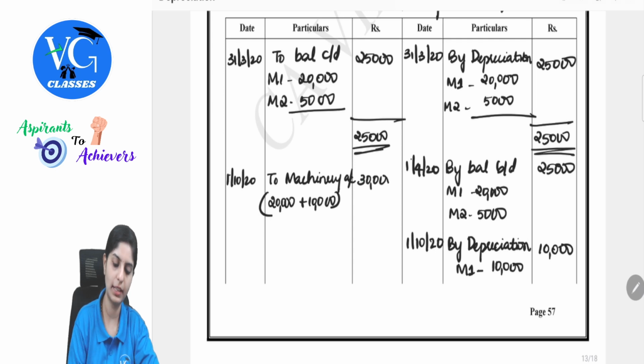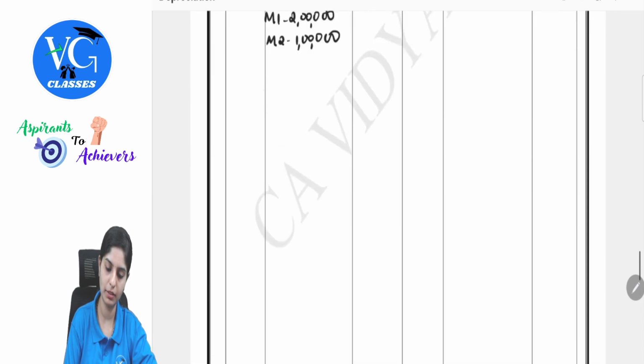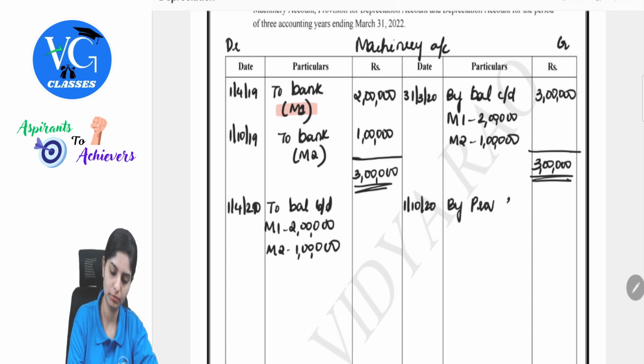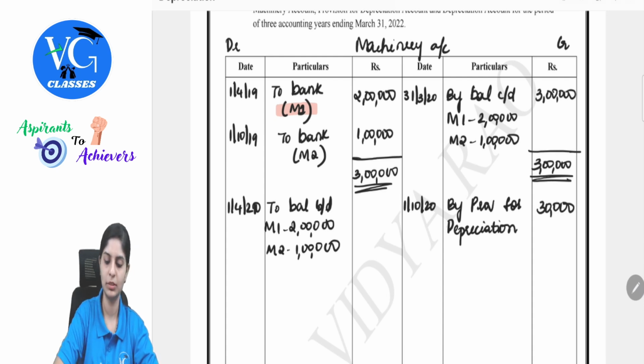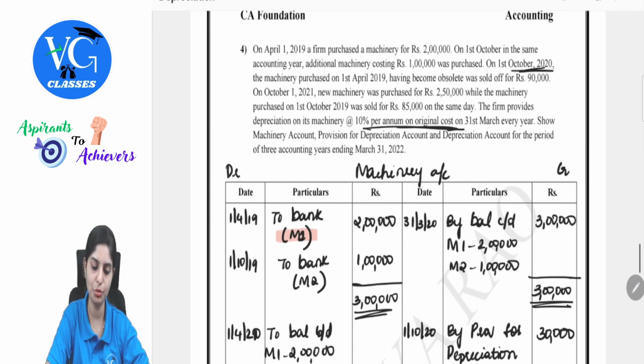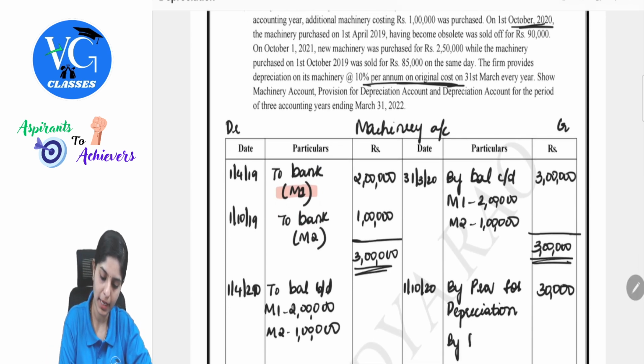So 30,000 taken out by provision for depreciation, 30,000. So this records your total depreciation. There is a sale value which needs to be taken. Sold off for 90,000. So by bank, 90,000.